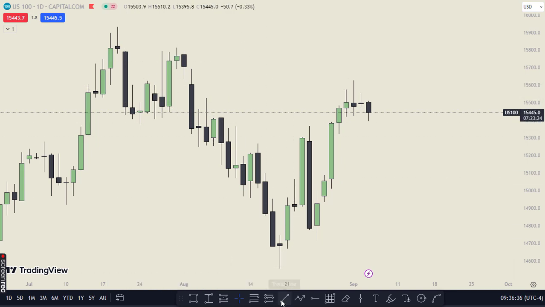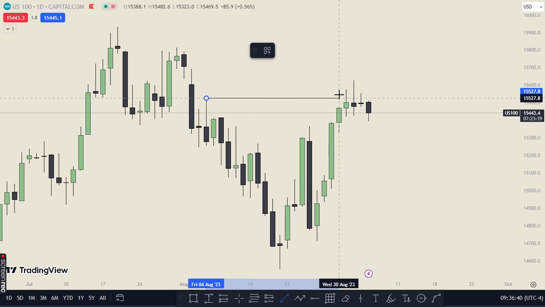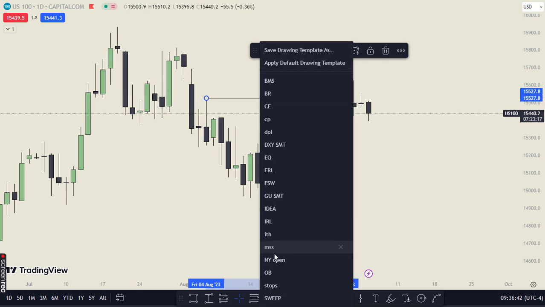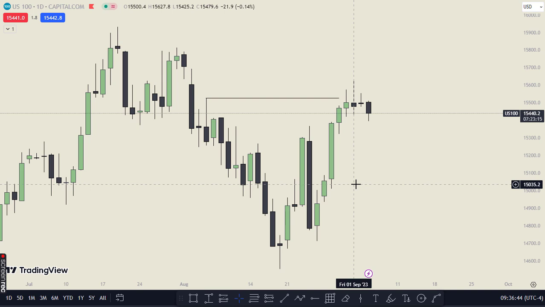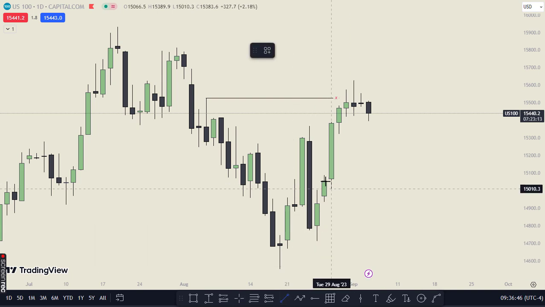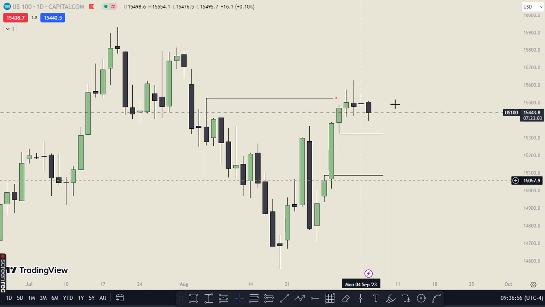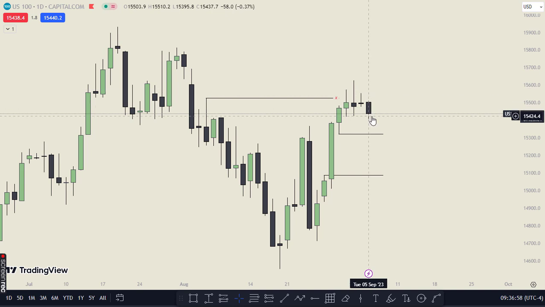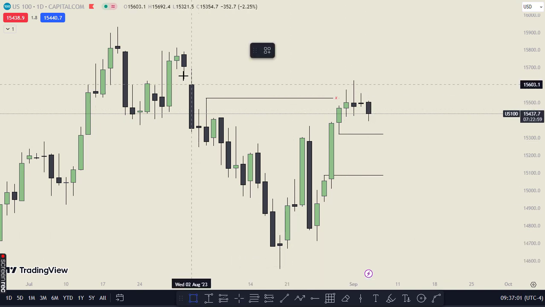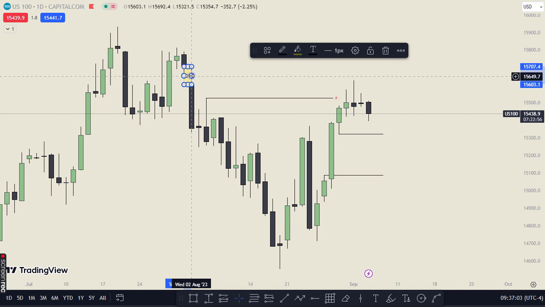So what do we have? We can see that price took this external range liquidity, and then after taking external liquidity, we want to target the next internal range liquidity, which is this fair value gap right here. So this is our bias on the daily. We want to take shorts. We have also this volume imbalance right here.